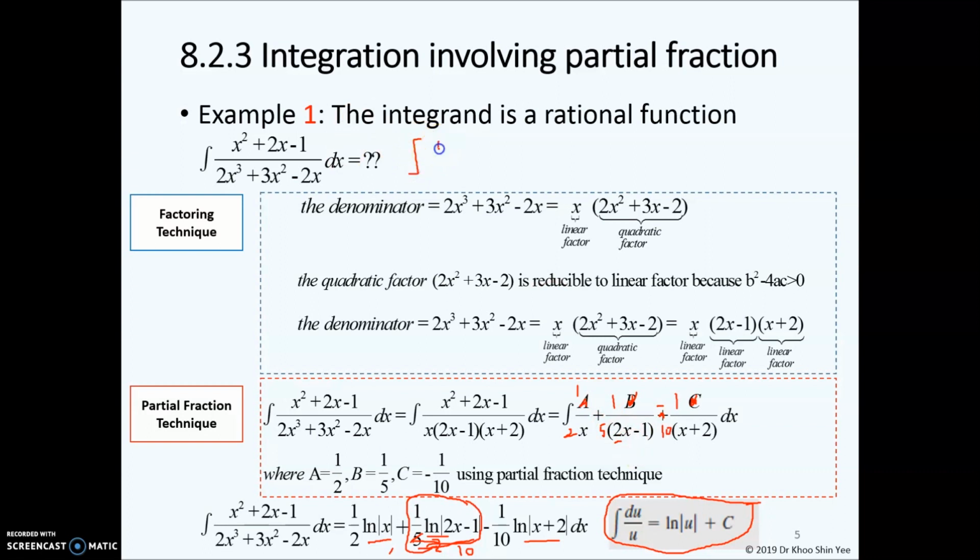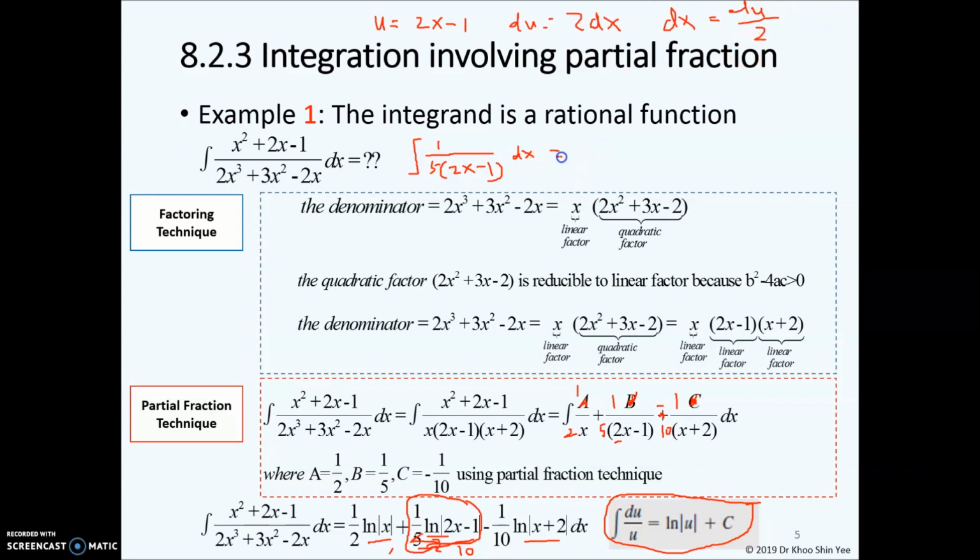Let's say you have this problem initially. We can use substitution, let u equal to 2x minus 1. So your du will be equal to 2 dx, and your dx is equal to du/2.